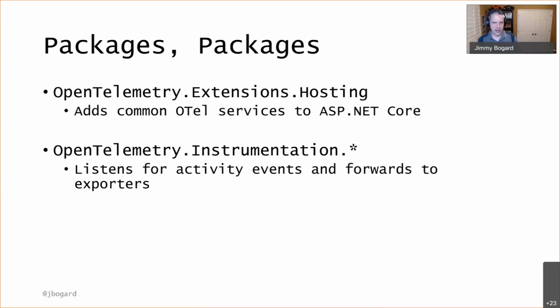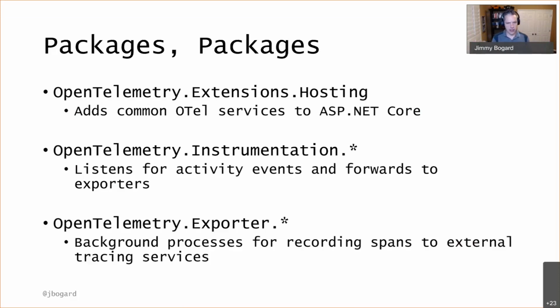So the next thing I need to do is actually instrument my application, and that comes from the OpenTelemetry instrumentation packages. Those packages are listening to activity events via the Diagnostic Listener API, record specific interesting events, or all of them, and forward those events, batching them up, over to our exporters.